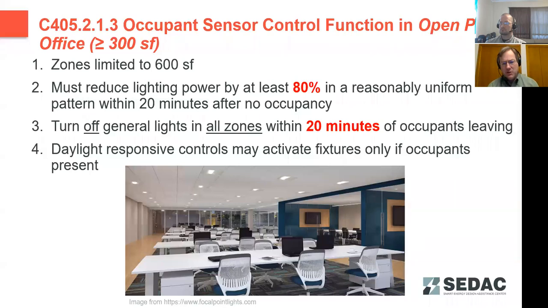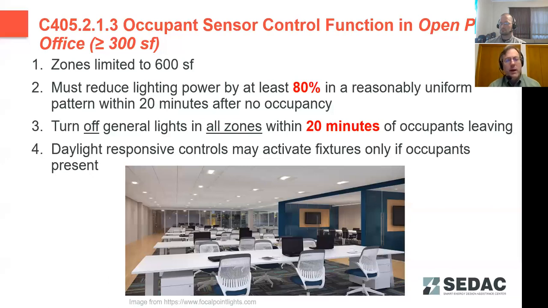So these two can be done in a few different methods. One of which is you can turn all the lights in a single zone off to meet your requirement.